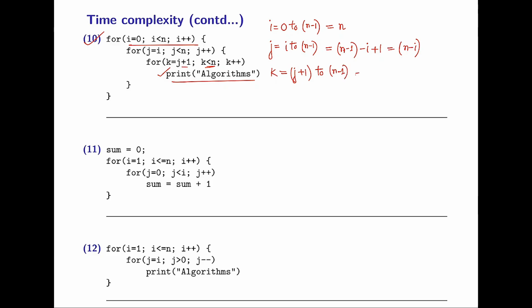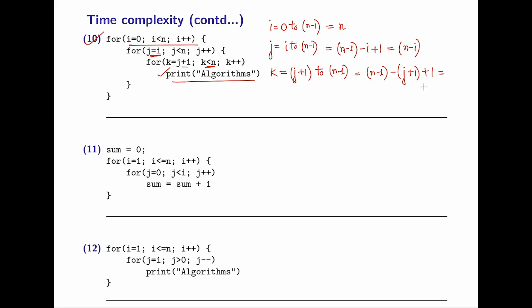So if we want to find out what will happen, n minus 1 minus j plus 1 plus 1. We are trying to find out how many terms are there, how many times it is going to execute. Here it is saying that j plus 1 to n minus 1 it will go, and j is going to run from i to n minus 1. i is going to run from 0 to n minus 1. That way we are going to find out.